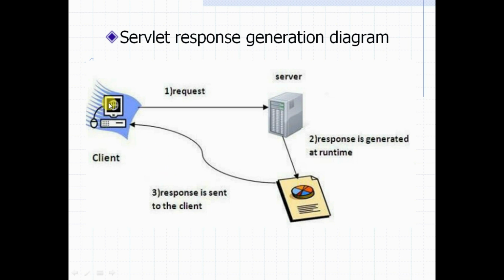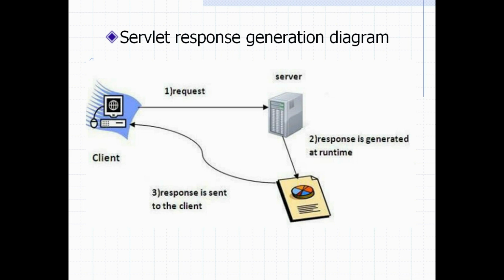Now the client first sends a request to the server. If a particular request comes from the client part, it automatically checks the Servlet program. A Servlet can generate a response at runtime, and then the response is sent to the client part. So that is how the Servlet response is generated, from the client part to the server part and back to the client part.